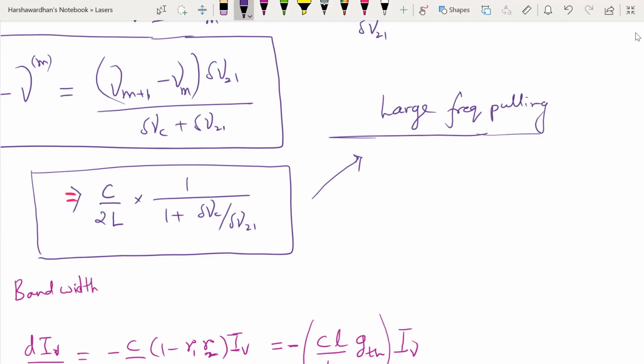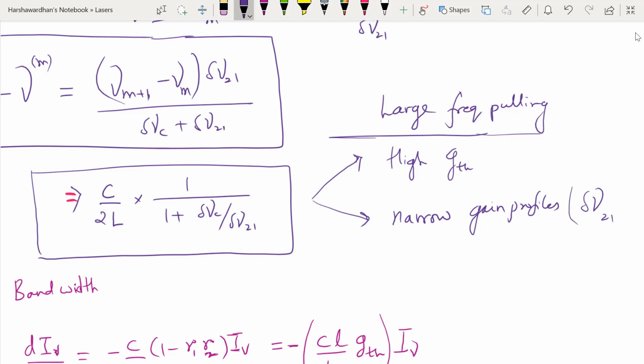One is high values of the G threshold, that is, larger decay, and also narrow gain profiles, that is, delta nu 21 is small and delta nu c is large. So this is what leads to this business of frequency pulling.